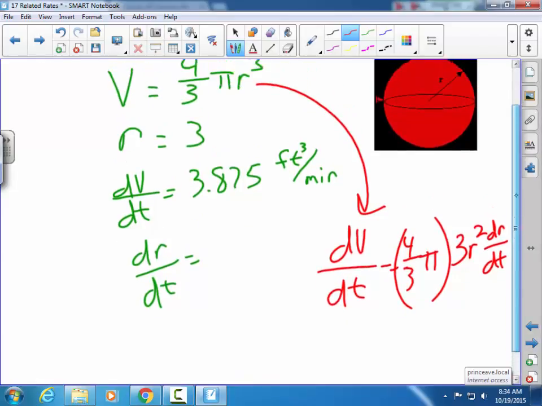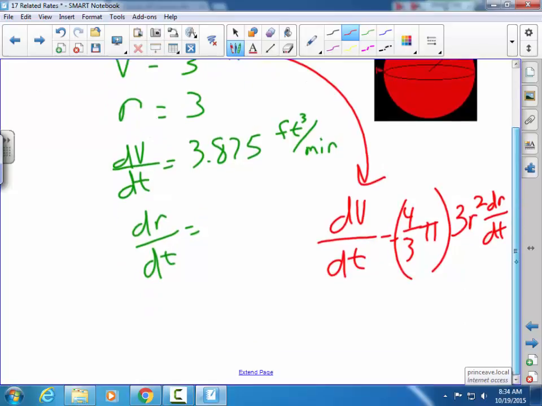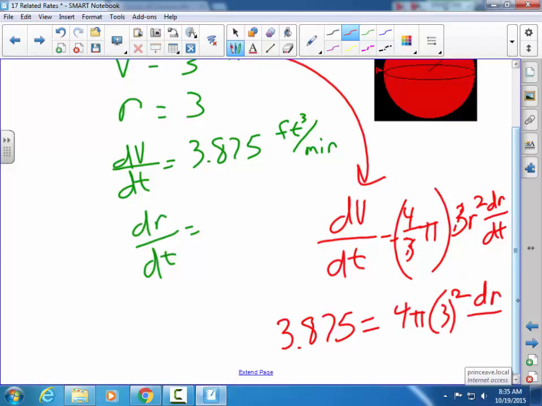Oh, very good. We know dv over dt. So now we're going to put 3.875 on the left side of this equation, okay? Because that's dv dt. And I'm going to cancel this 3 with this 3 there and get 4 pi times 3 squared dr over dt.